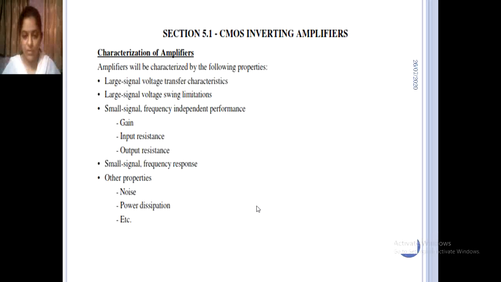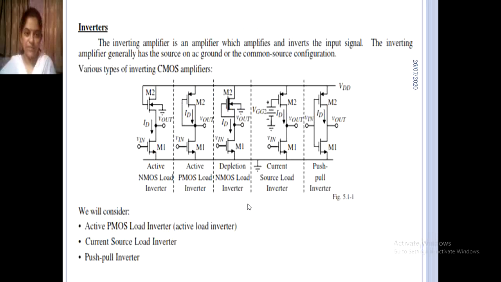Other properties we are going to see are power dissipation and so on. These are the characterizations of the amplifiers. So let us see the inverters.